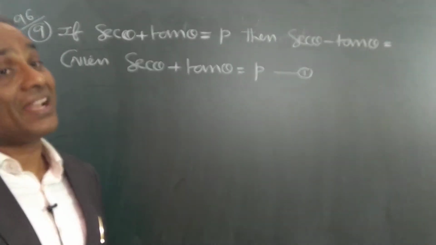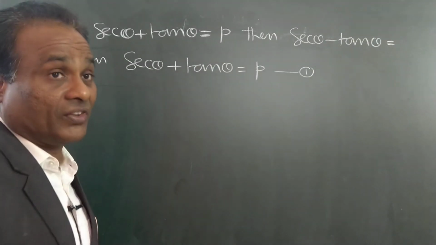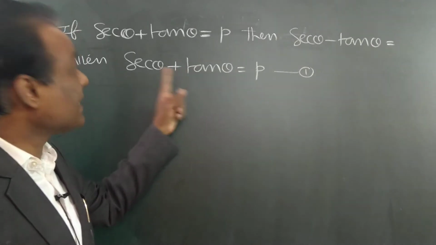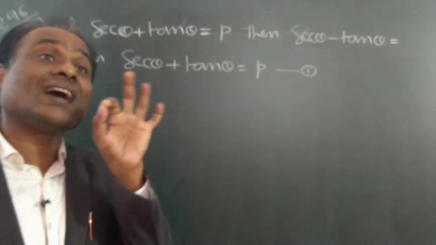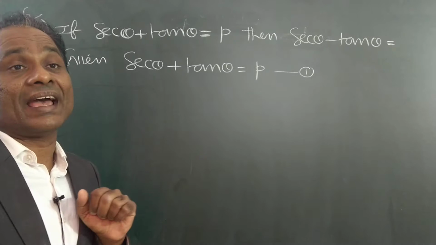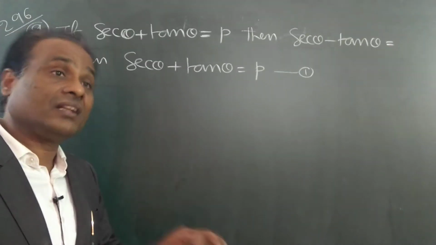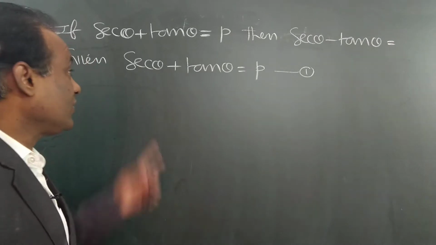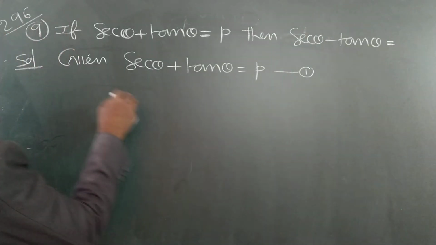How to find that value? Observe carefully. I am using the help of an identity. What is the identity in secant and tan?